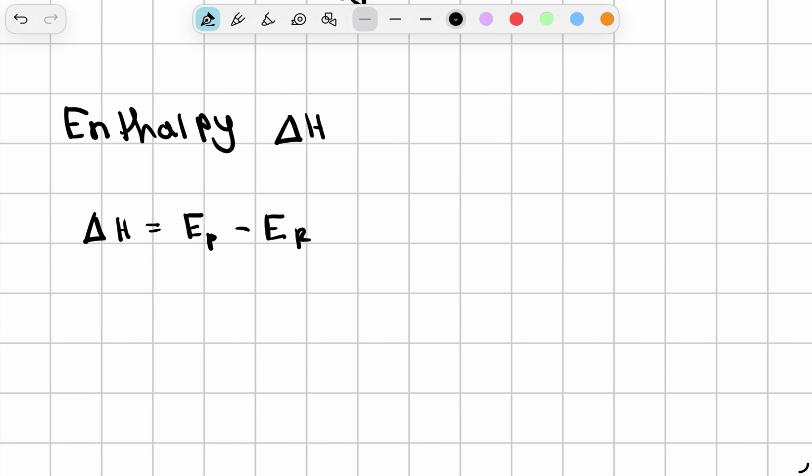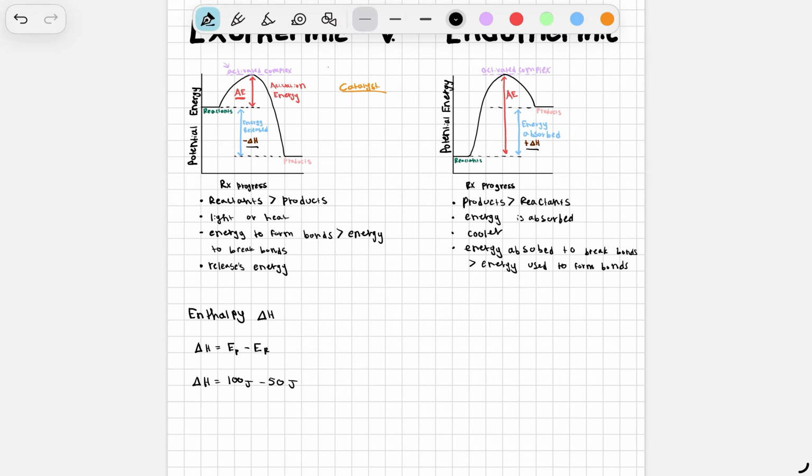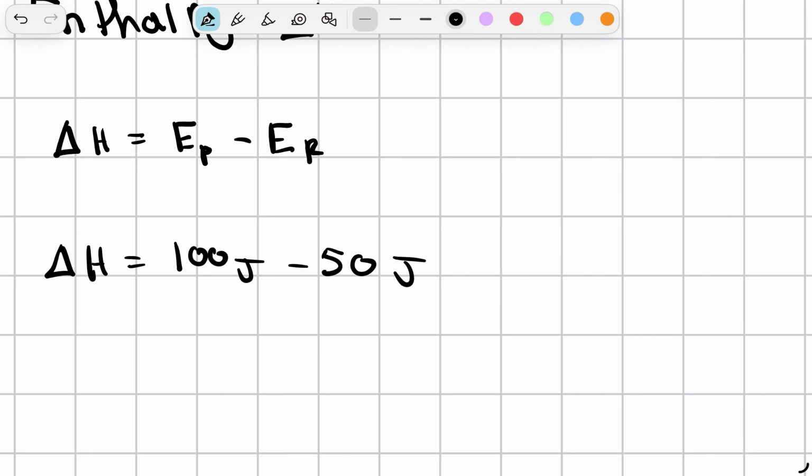So let's just do an example to fully understand this concept. So if I have the change of H equals 100 joules minus 50 joules. So in this example, the product energy is greater than the reactant energy. Well, this is an endothermic reaction.